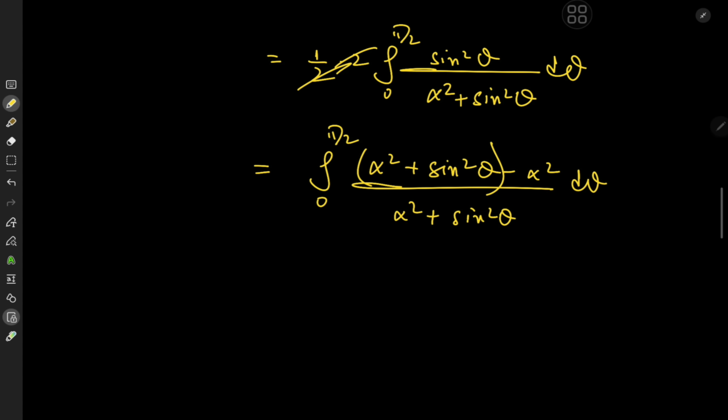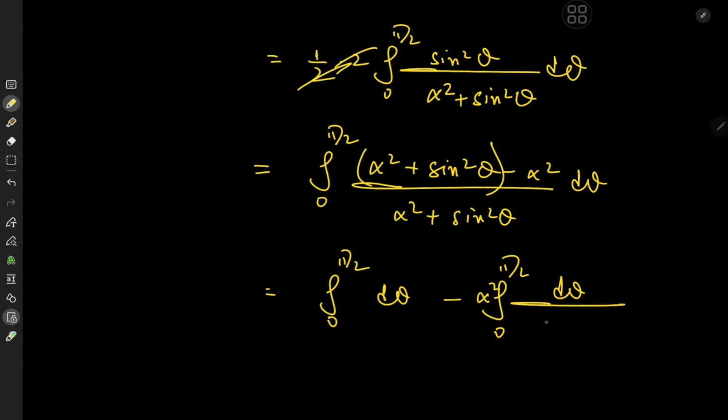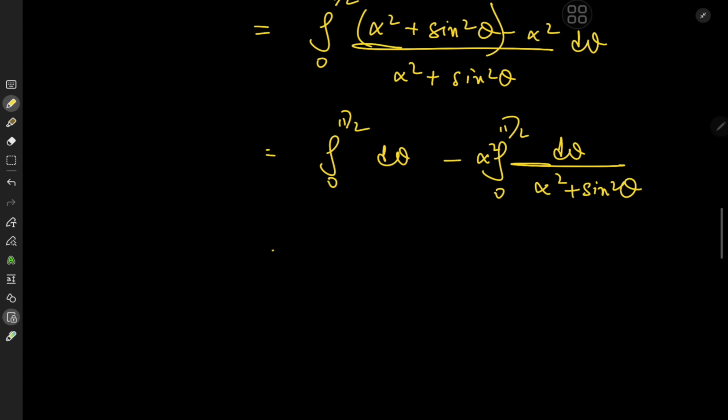So using the linearity of the integration operator, we have the integral from 0 to pi over 2 d theta minus the integral from 0 to pi over 2 of alpha squared d theta over alpha squared plus sine squared theta. The first integral, of course, converges to pi over 2, and for the second integral, I like solving these kinds of trig integrals by introducing tangents. So I'm going to expand using secant squared theta.